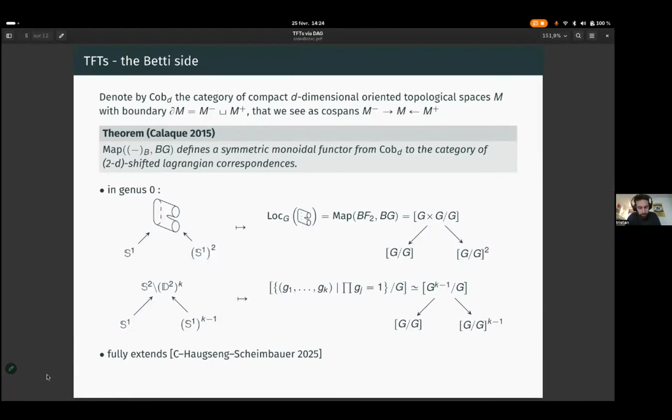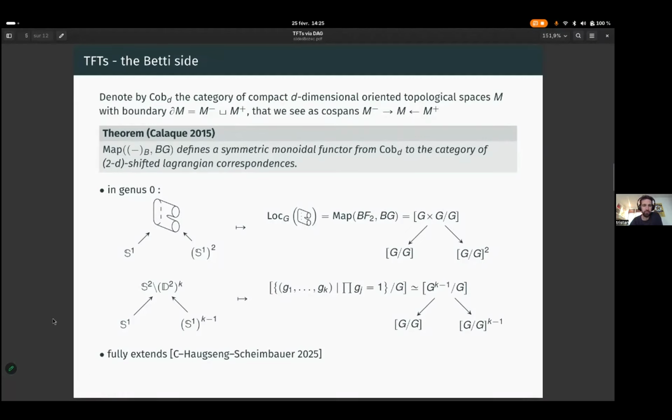It actually fully extends. The initial story was done by Calaque in 2015 and was extended recently by Calaque with Haugseng and Scheimbauer. So fully extends meaning in every dimension. Okay, you can consider cobordisms between cobordisms, making corners appear, and again, with compatibility notions, of course, so that everything is infinity-categorical. I won't get into these details today.